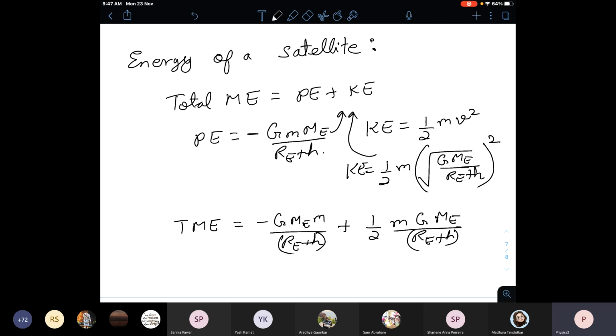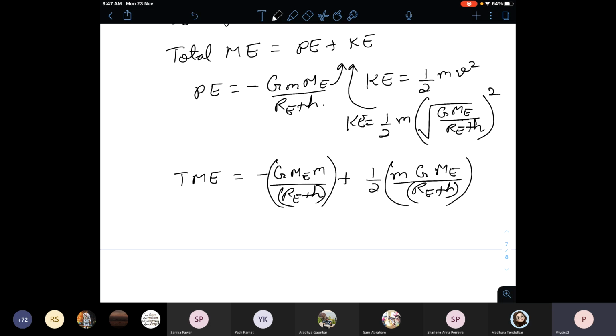Here you can see that this complete term is common, so you can take it out as common and simplify this total mechanical energy. So total energy can be written as minus 1 by 2 G Me upon Re plus h.